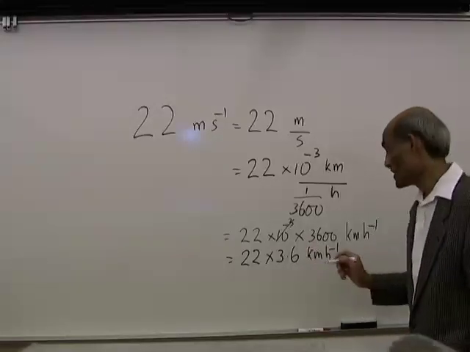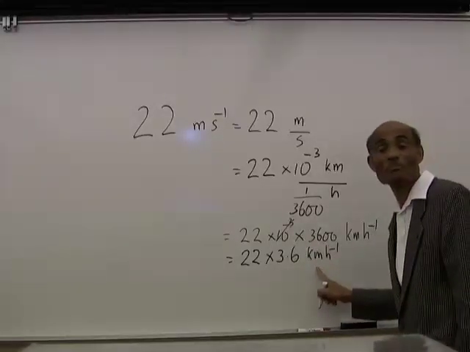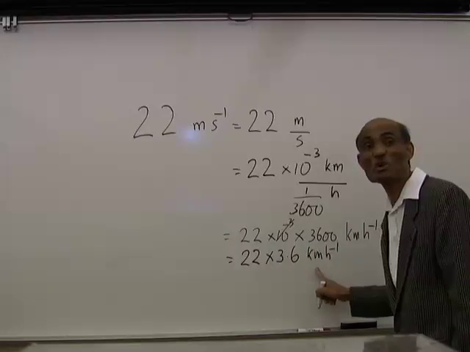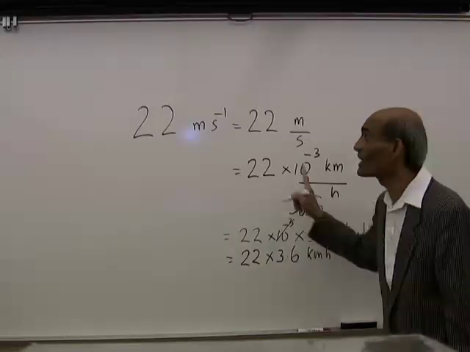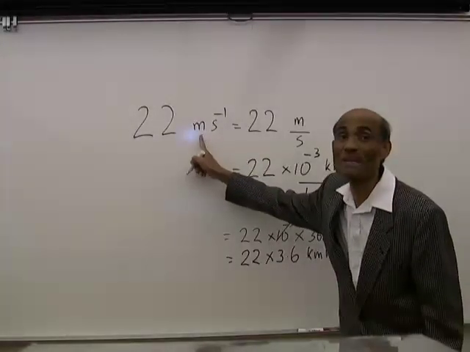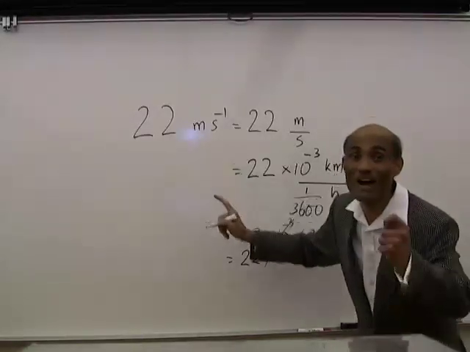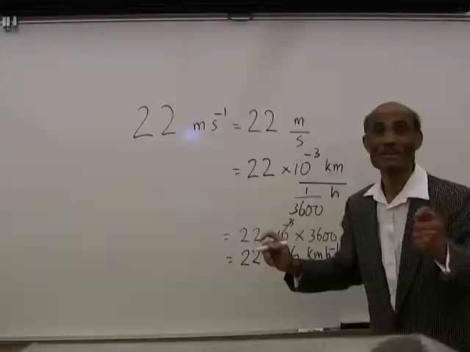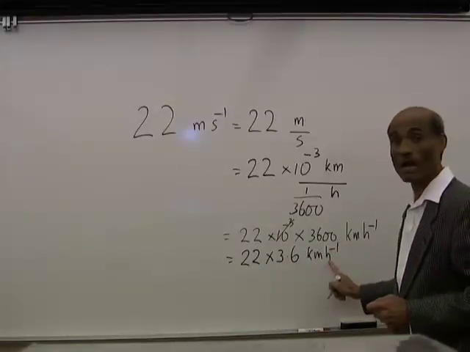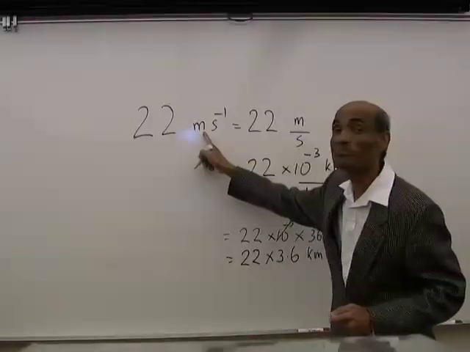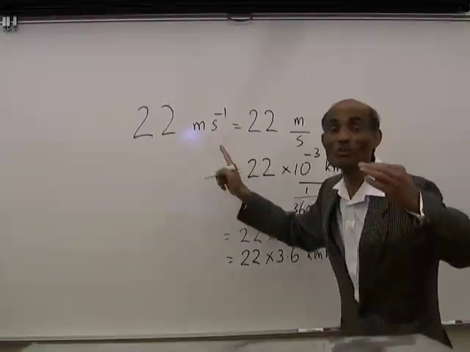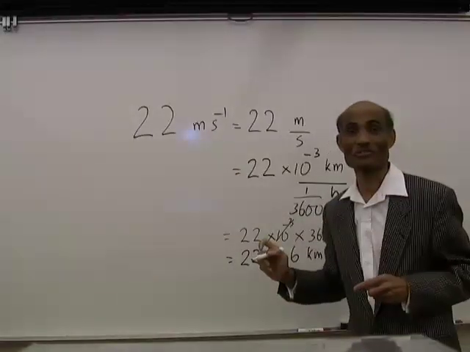Now, in that case, if I give you kilometer per hour, what is the quickest way to convert kilometer per hour to meter per second? It will then be divide by 3.6. So, kilometer per hour will become meter per second when you divide by 3.6.